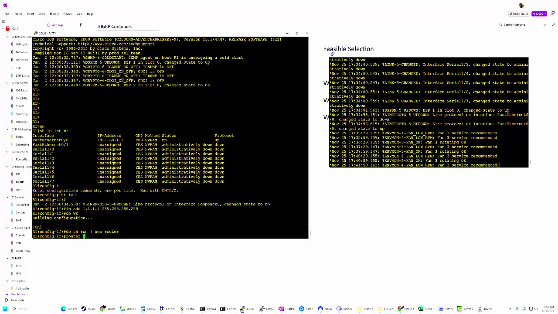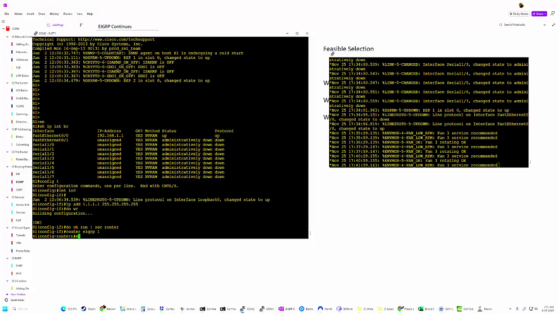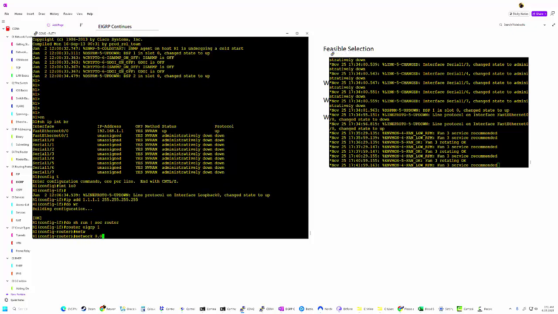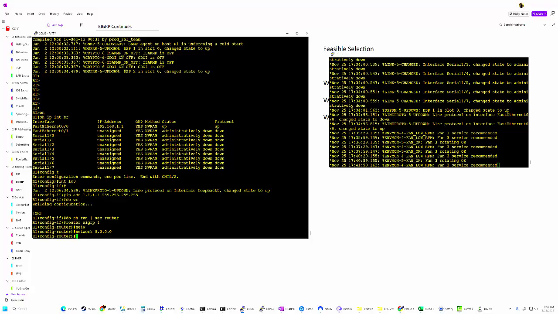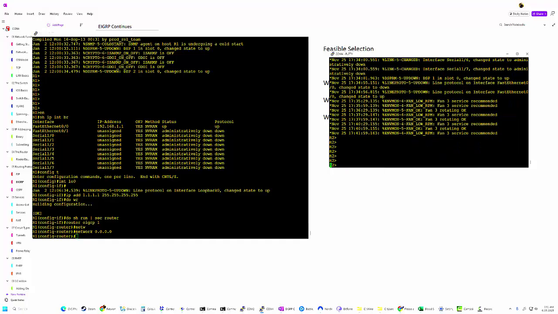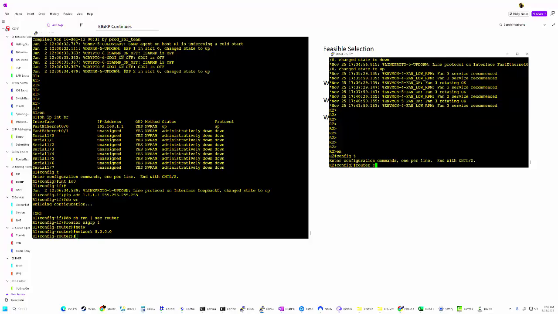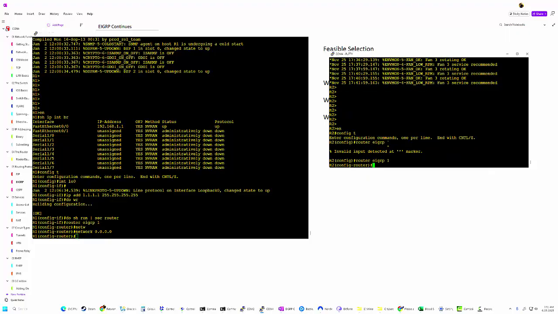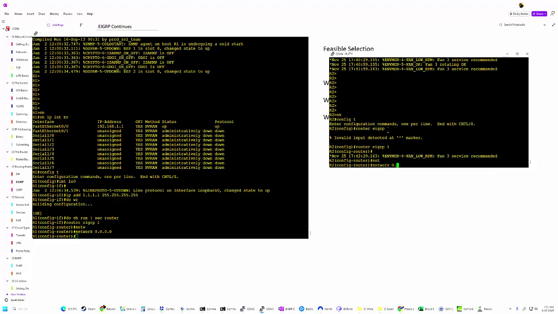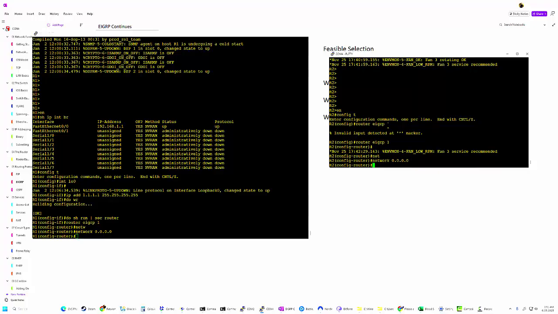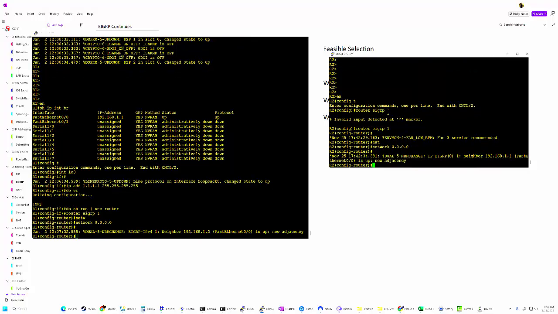Okay, yeah, that's not there either. Okay, EIGRP is up.